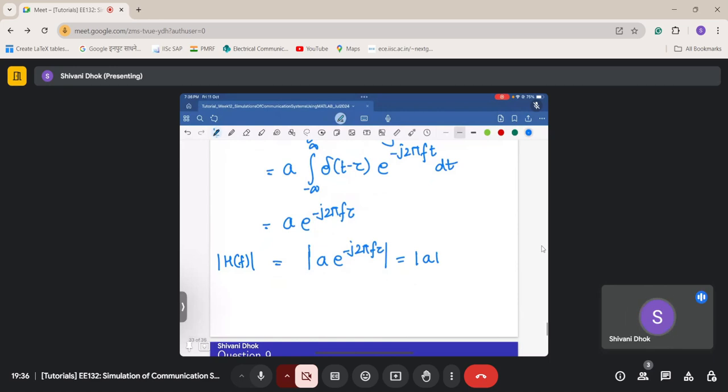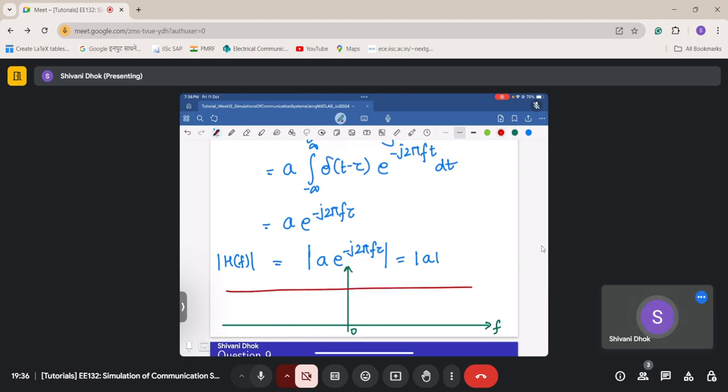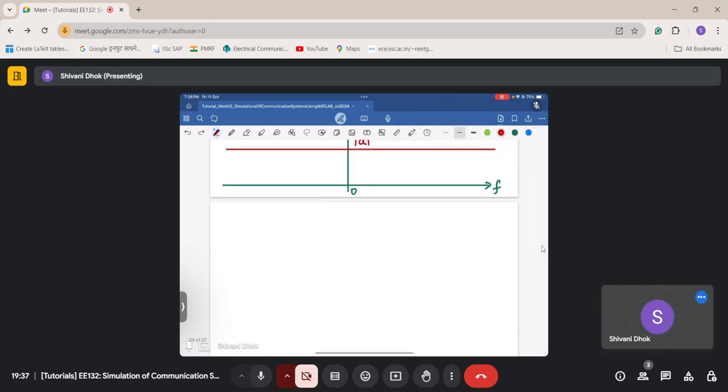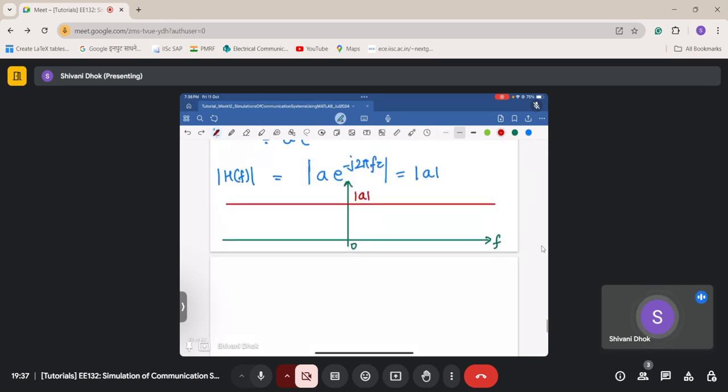Now if I plot it with respect to frequency, this is your f, and this is your 0, and this comes out to be equal to the magnitude of A. Okay, so this is what you get. This thing here is basically the magnitude of h of f.